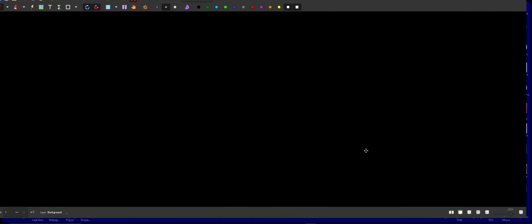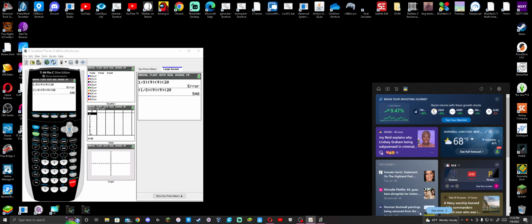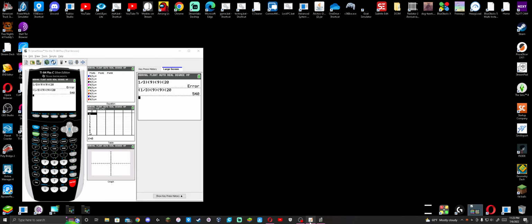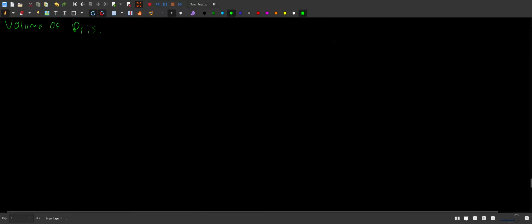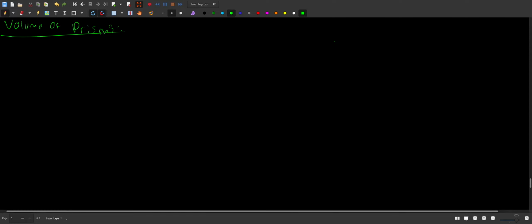All right, there we go. So I'm gonna do volume of prisms. This applies to rectangular prisms. Yeah, that's it. Just rectangular.